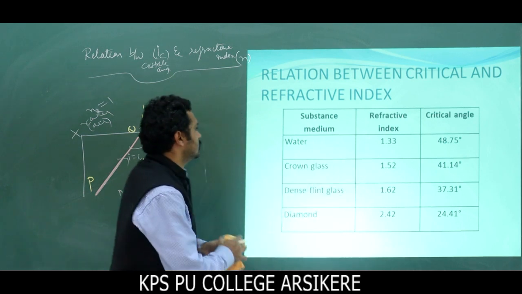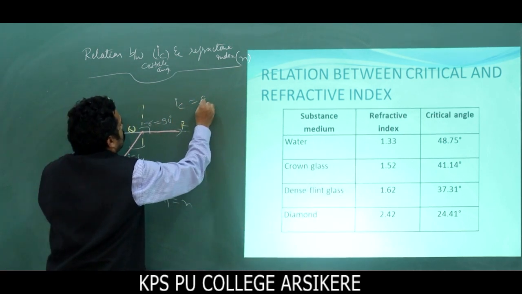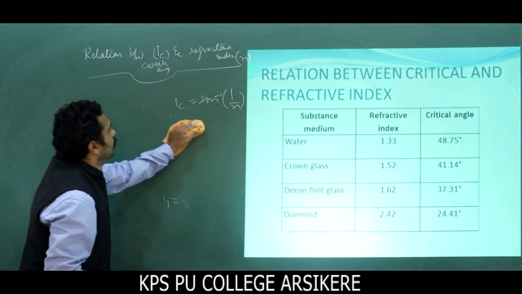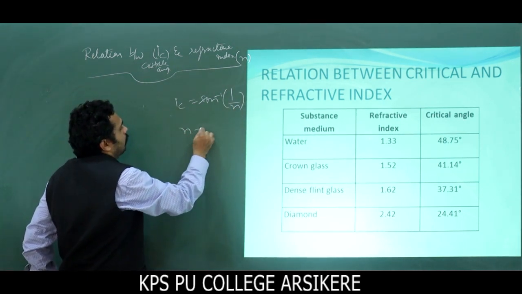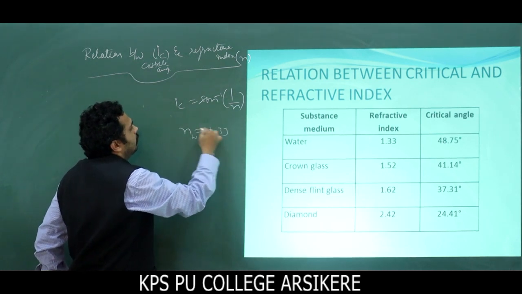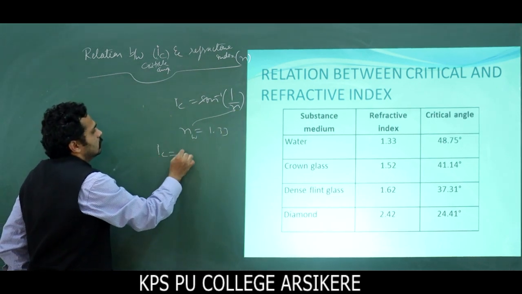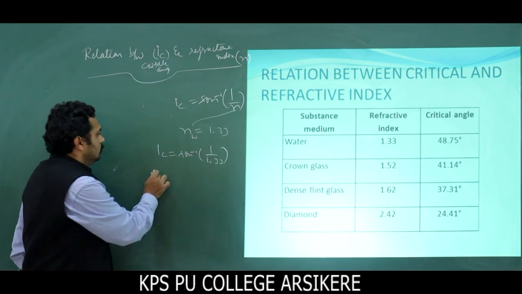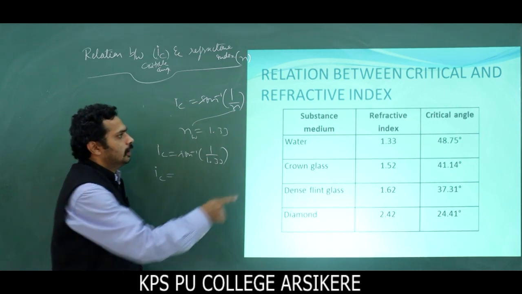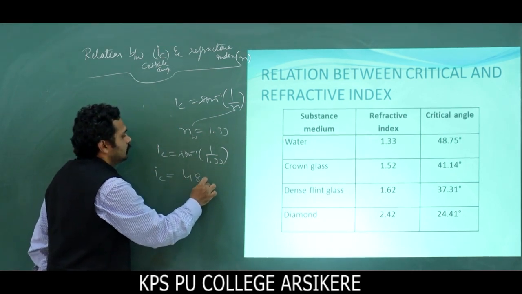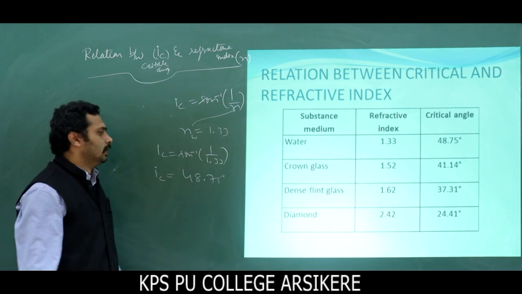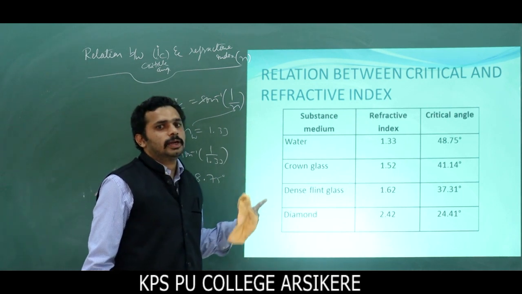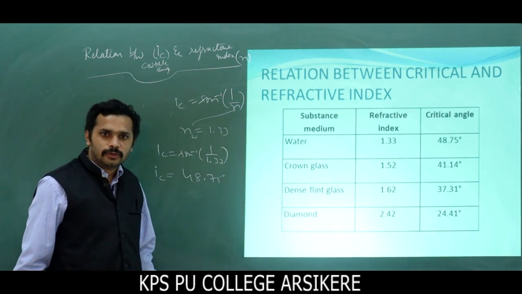We know that IC is equal to sin inverse of 1 by N. For water, with refractive index 1.33, I use IC equal to sin inverse of 1 by 1.33. After calculation we get the critical angle for water as 48.75 degrees, approximately 48 degrees. The critical angle of water with respect to air is 48.75 degrees.